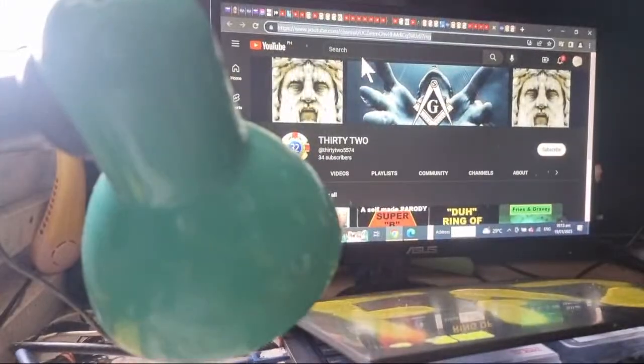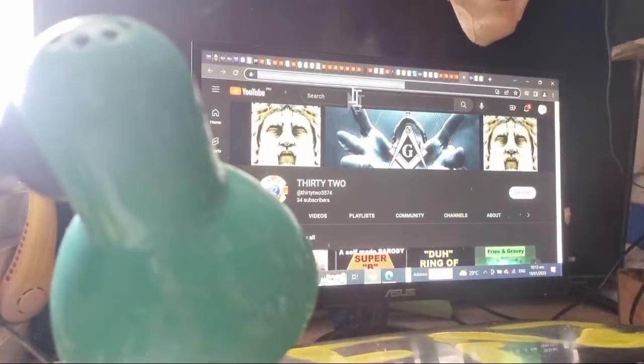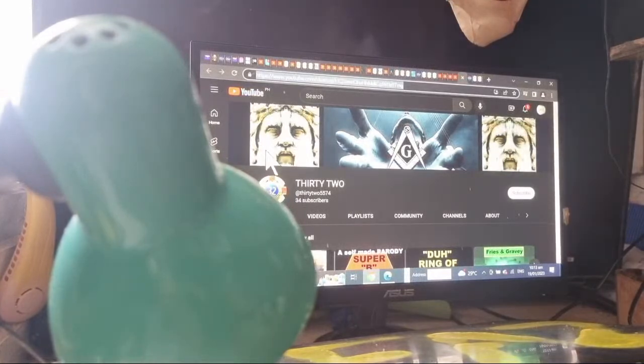And he has property somewhere in Dubay that he wants to rent. He's got the Masonic square and compass on his channel. I'll turn this around in a minute. Okay, so he's got the square and the compass up there, and this is an ancient Greek or Roman statue of some sort.